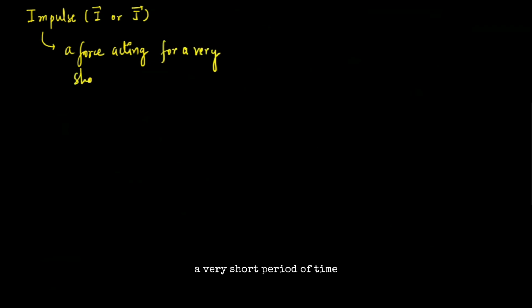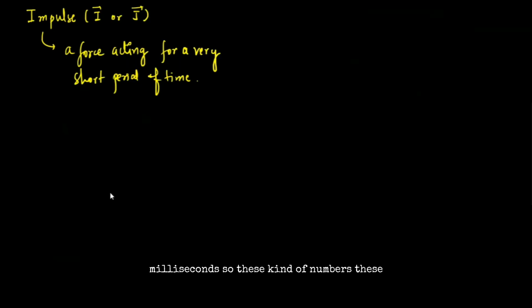This short period of time can be very small, like 0.01 seconds, some milliseconds. Even a small force acting for such a time can completely change the momentum of the object.